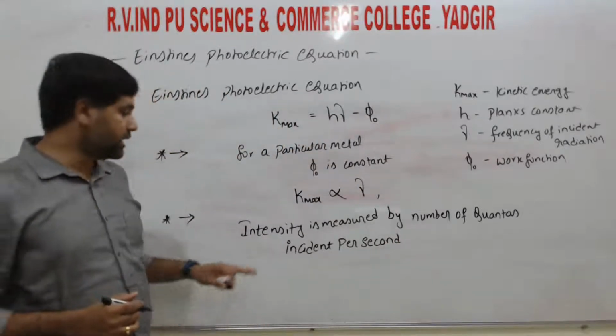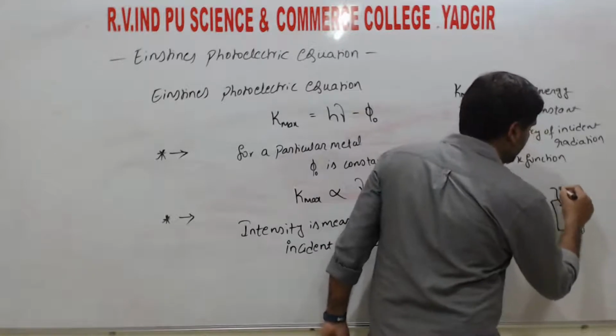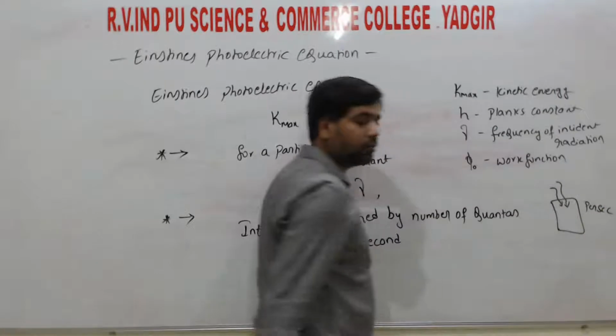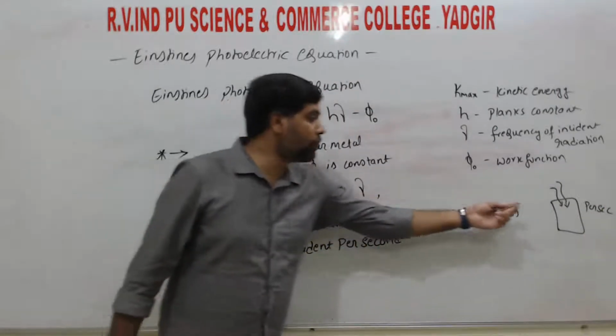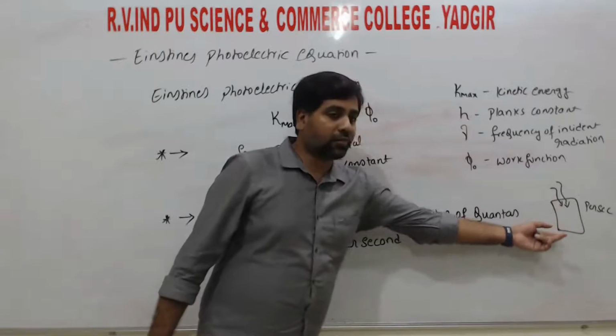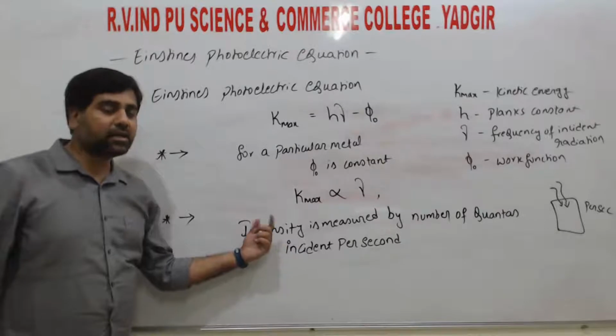So the intensity is measured by the number of quantas incident on this metal surface per second. So for 1 second, how many of these packets of energy are incident on this metal surface? That tells us the intensity of the incident light.